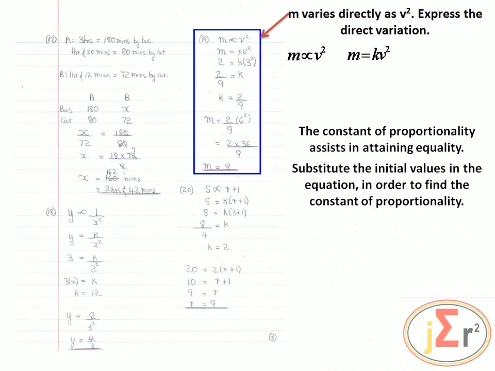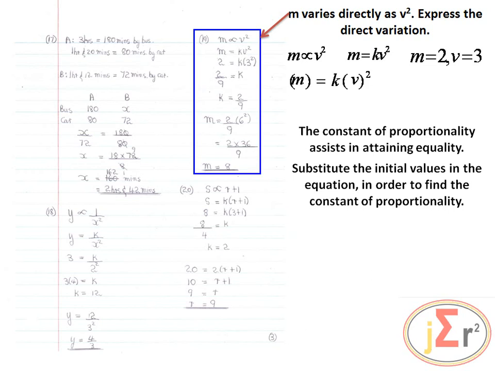Substitute the initial values in the equation in order to find the constant of proportionality. Initially, for a variation problem, we are given initial values. Say m is equal to 2 when v is equal to 3. And we use those initial values in order to find the constant of proportionality.